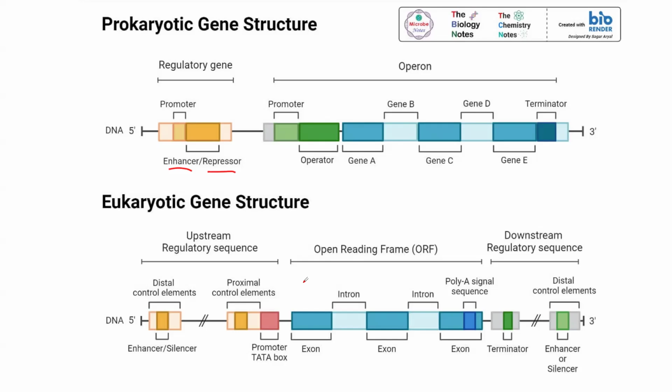The most important thing for this structure is that you should understand that in the case of eukaryotic genes, the genes are not in blocks and they are not expressed together. Each gene has its own promoter, and they are not expressed at the same time. That's the most important thing that you should understand.